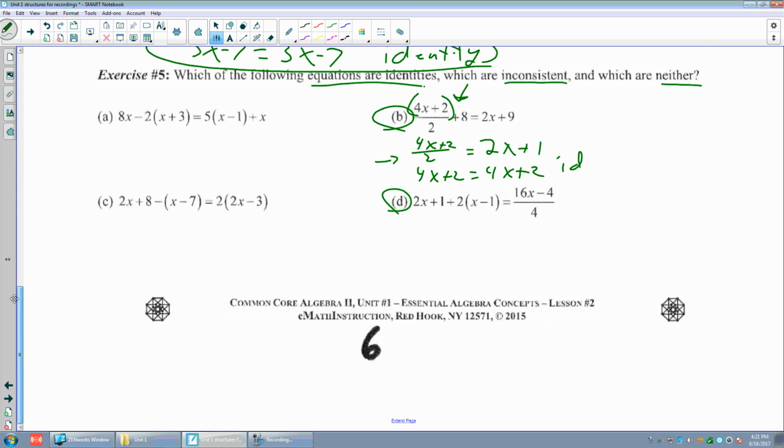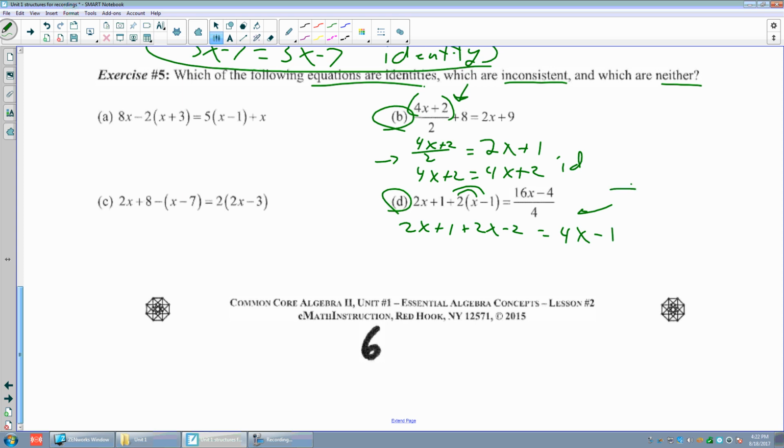Now let's do D. I have the divide by 4 on that side, but I'm going to combine like terms over here. 2x plus 1 plus 2x minus 2. I distributed that. 2x and then the minus 2 equals, can I divide everything by 4? Is the 16x and the negative 4 all divisible by 4? It is, so why don't I do it that way? 16x divided by 4 is 4x, minus 4 divided by 4 is 1.